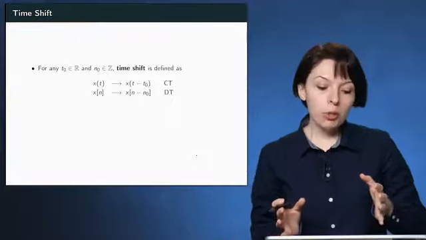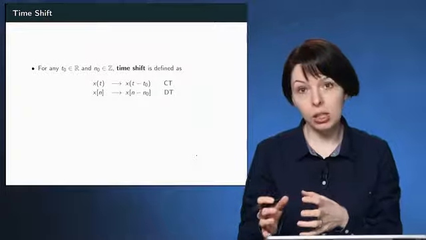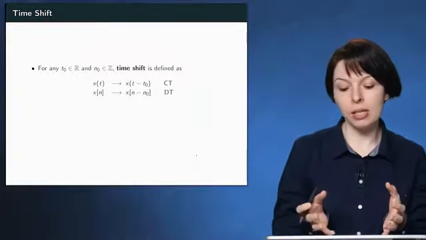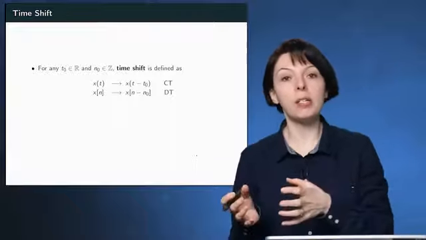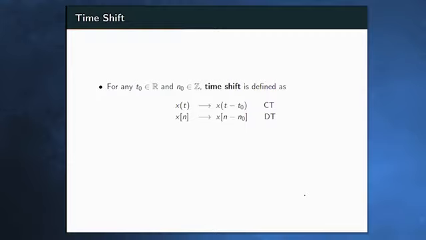Time shifting on x of t is transforming x of t to x of t minus t naught. This is for continuous time signals, and for discrete time signals it is building x of n minus n naught from x of n. In these expressions, t naught is a real number and n naught is an integer, because x of n is only defined for integer values of n, and in x of t, t can take any real value.